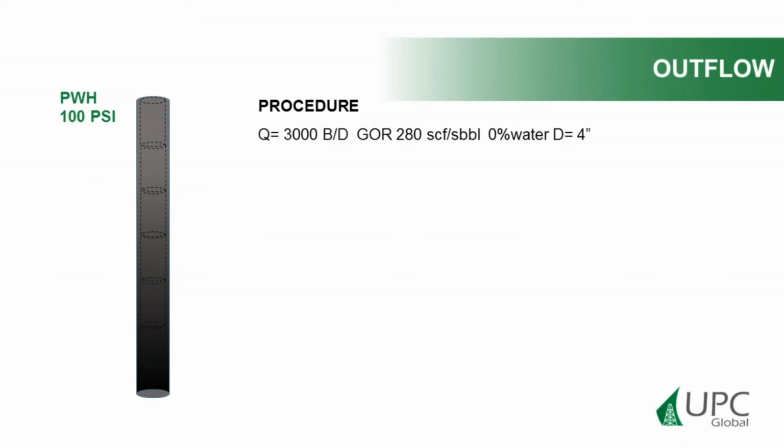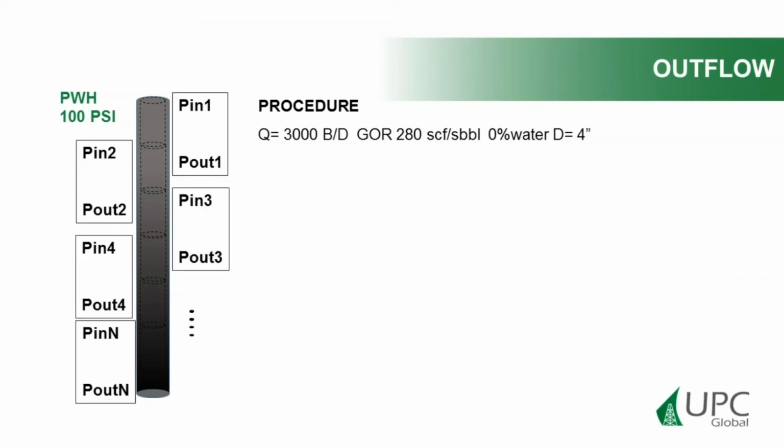We divide the tubing in imaginary segments, and from the wellhead, I have the intake pressure, and I can compute the output pressure of that segment. For the next segment, the input will be the output of the previous one, segment 2's input will be segment 1's output, and so on to reach the bottom hole.